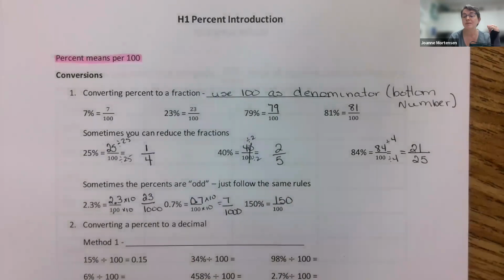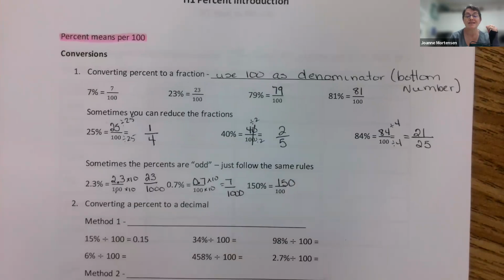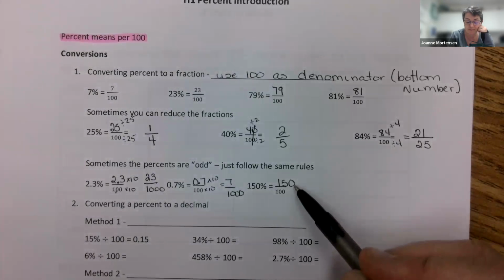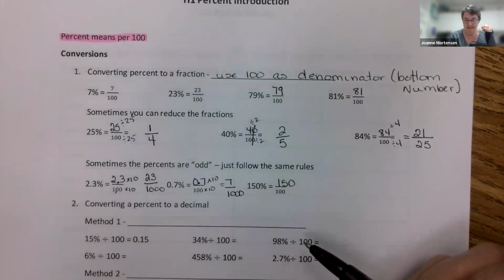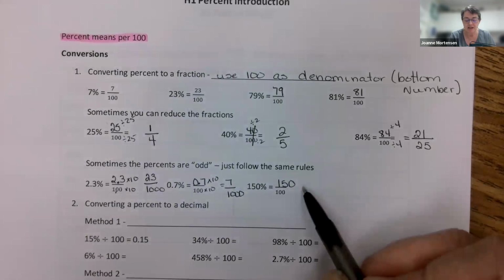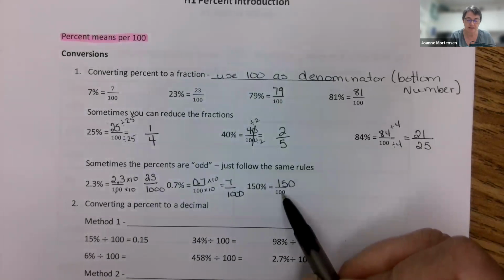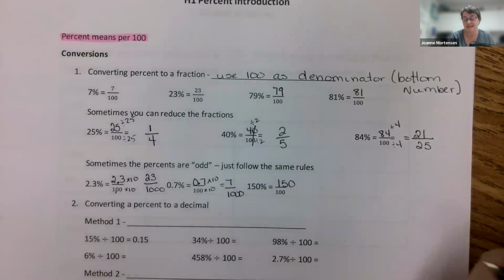This looks weird on so many levels. Okay, I guess I called them odd, weird, as you wish. It's what's called an improper fraction. It's been a while since you've gone through the vocabulary, but improper fraction means the top number is bigger than the bottom, or if I say it nice and mathy, the numerator is bigger than the denominator, and it's not reduced.